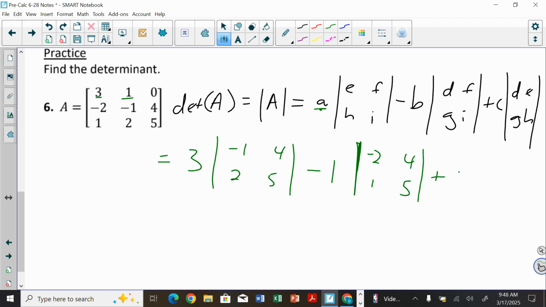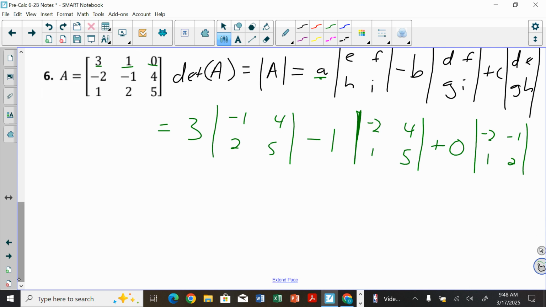And then plus 0, because that's the C value, and then we're going with DE and GH, which would be -2, -1, 1, and 2. Now I've got to find the determinant of all these, and then add and subtract and add.